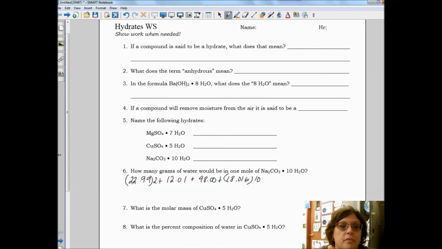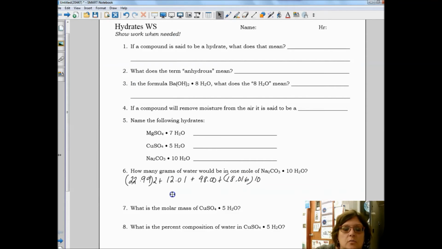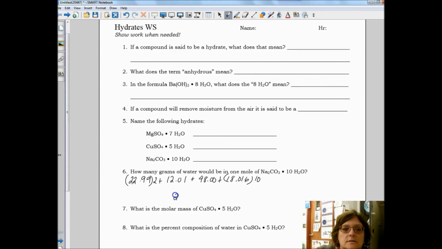So the total mass would be 286.15. What part of that is due to the water?